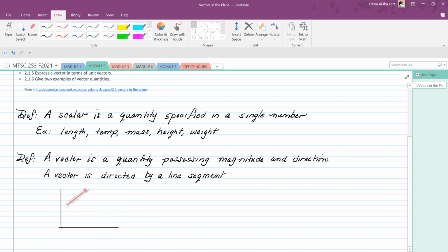I can start it at the origin. Uh-oh, I'm missing my arrow. Okay, let me draw my arrow in. Okay, so those are vectors.